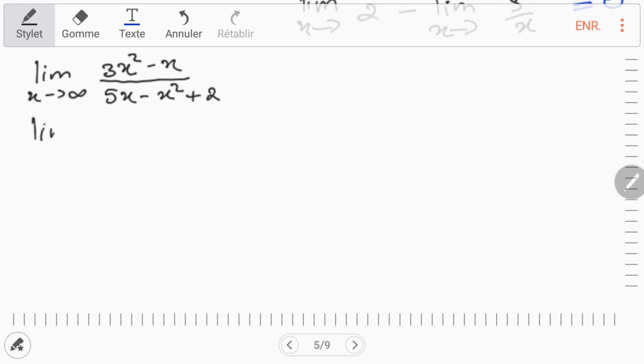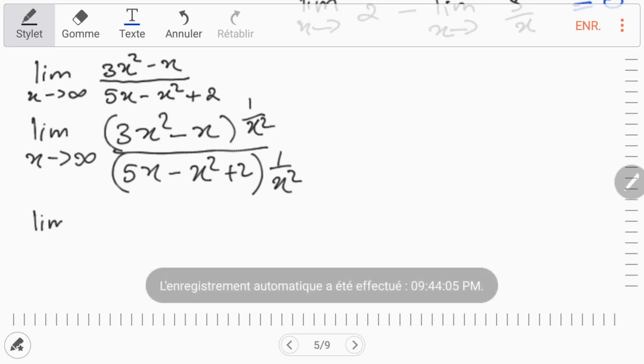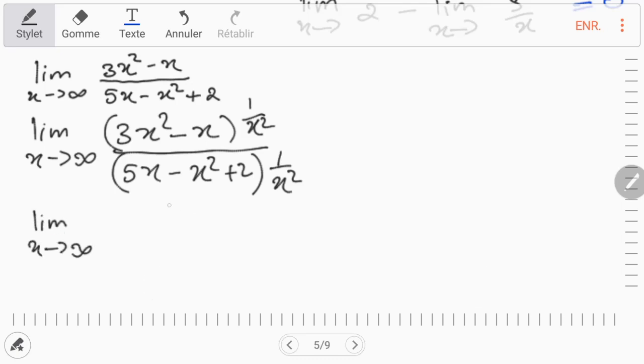Therefore, we can take the limit as x goes to infinity of 3x squared minus x multiplied by 1 all over x squared, 5x minus x squared plus 2 multiplied by 1 all over x squared, which is the same as the limit as x goes to infinity of 3 minus 1 all over x, all over 5 all over x minus 1 plus 2 all over x squared.